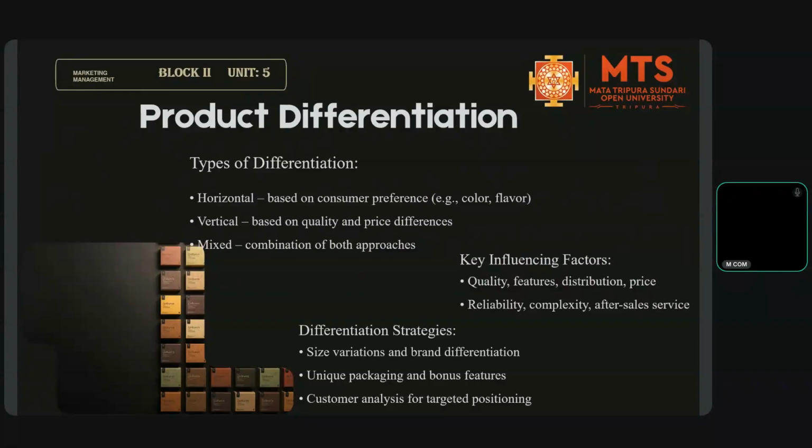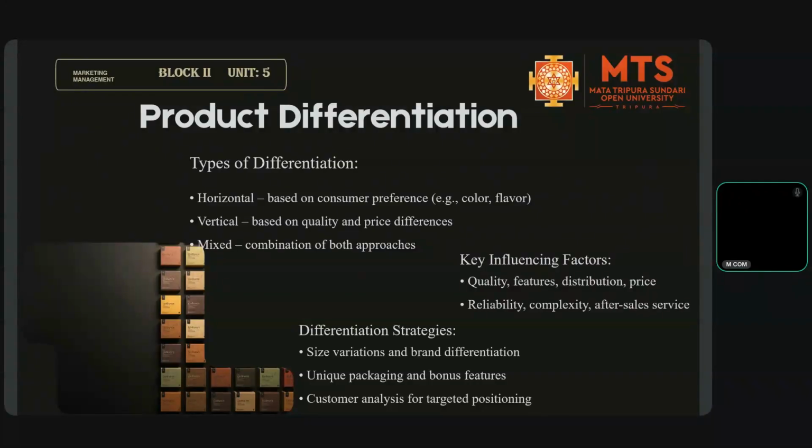Differentiation strategies. Size variation and brand differentiation means, like if we talk about iPhones, there are iPhone 16 and 16 Pro. What are the differences between them? The 16 is normally a little smaller in size and has limited features, whereas the Pro is bigger than the iPhone 16 and has a wide camera and different other features.